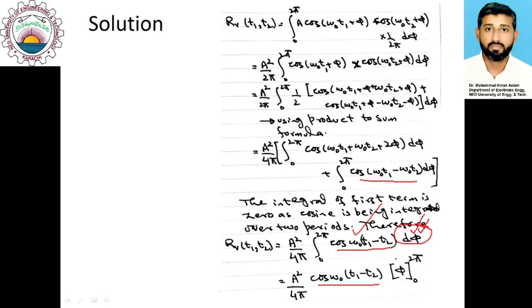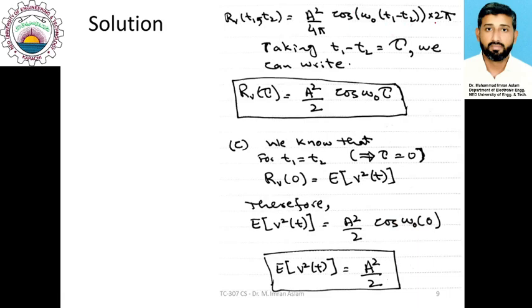If we integrate d phi, it will give the result phi with limits from 0 to 2 pi. Substituting the limits in this expression, this comes out to be 2 pi times a square upon 4 pi cos omega naught (t1 minus t2), and this 2 pi cancels out with the 4.